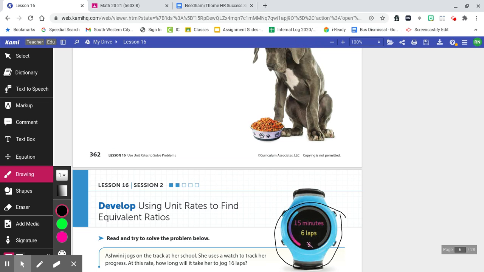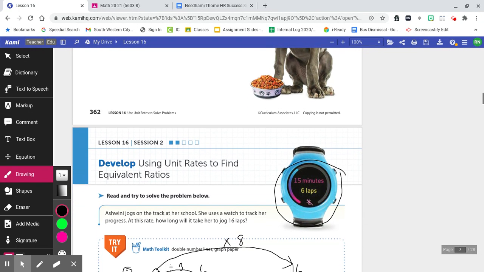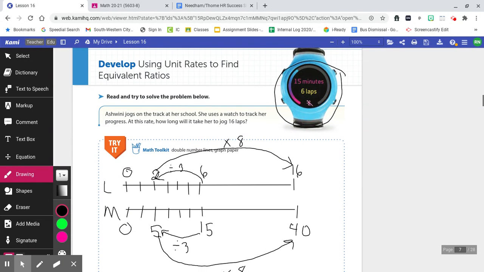Hopefully you have come back with an answer. And I went ahead and drew mine because it was easier not to do it while I was talking. So you could have used a double number line, where I have this is my laps and my minutes, a 0 and 0. So I knew my rate was 6 to 15. 6 laps for every 15 minutes.